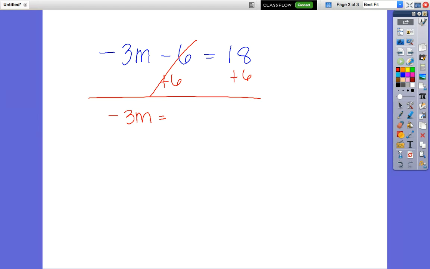So 18 plus 6 gives me 24. Now I've got to get my coefficient by itself. So I'm going to divide both sides by negative 3. Negative 3m divided by negative 3 just leaves me with m. 24 divided by negative 3 gives me negative 8.